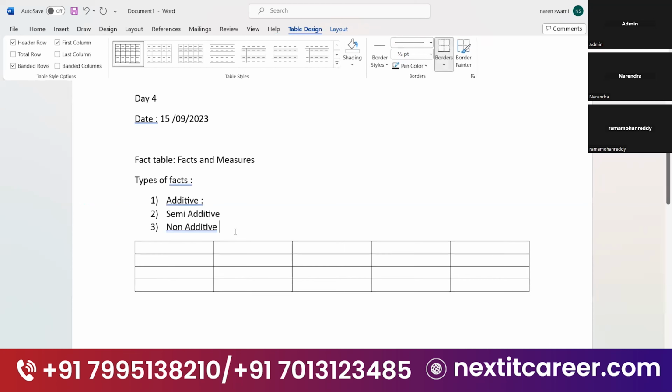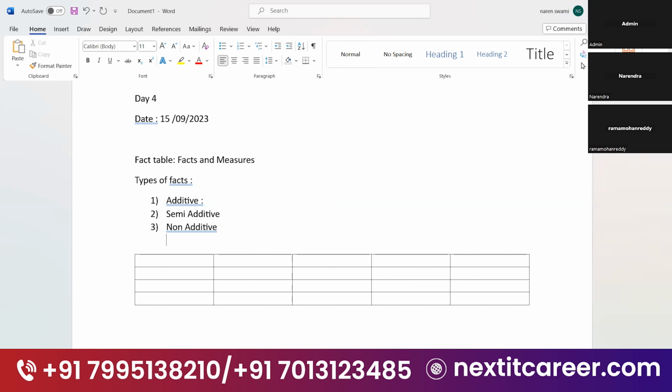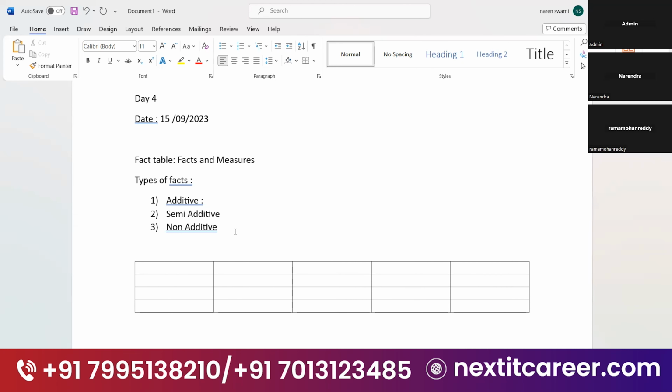I will call it the fact store, because it's a fact table, and it has a store key, a product key, and a transaction date key.